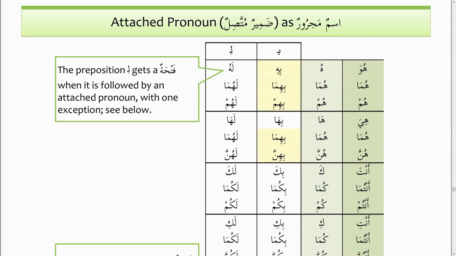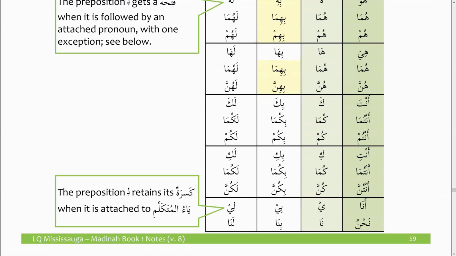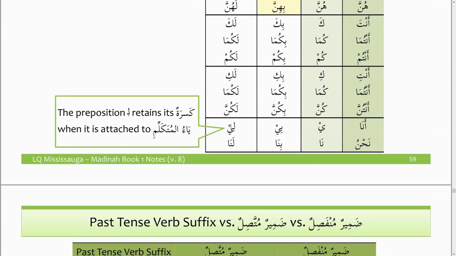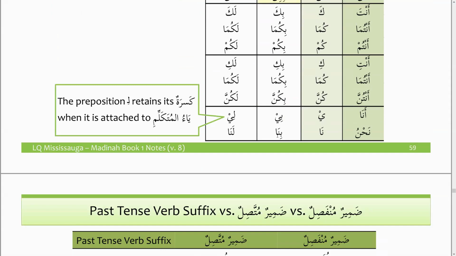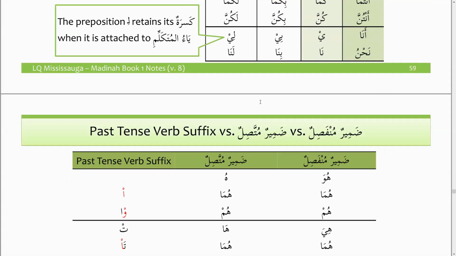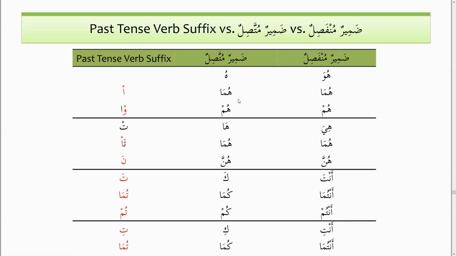Bihi, bihima, right? You change it to a kasra. And li, belonging to, when joined to a pronoun, changes to la, because lihu is so difficult to pronounce: lahu, lahuma, lahum, laha, lahuma, lahunna, laka, lakuma, lakum, laki, lakuma, lakunna, li, lana, bi, bina. Right? Similarly, it is here, it is here.